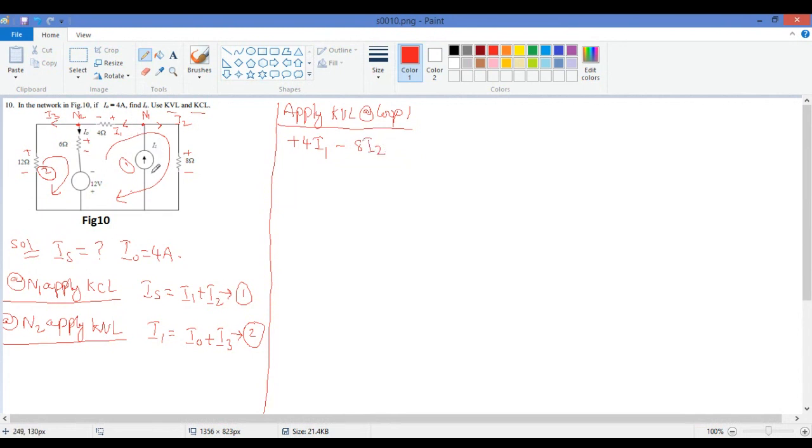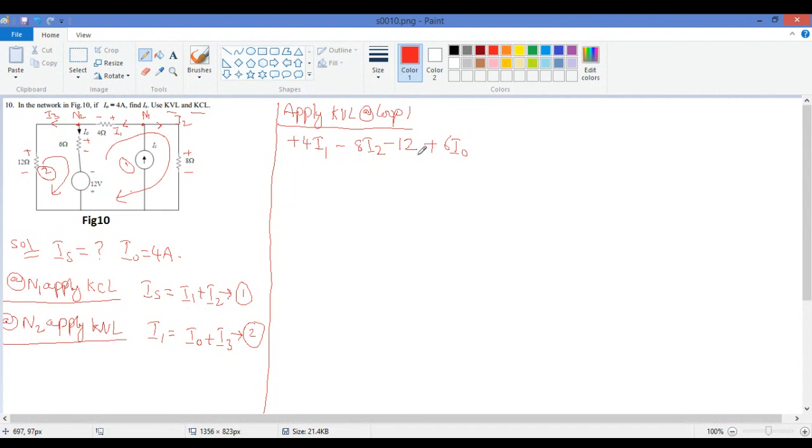And then here the current is leaving from the negative polarity, so minus 12 volts. Now at this point, current is leaving at positive, plus 6 I naught. Now this is your loop 1 equation.